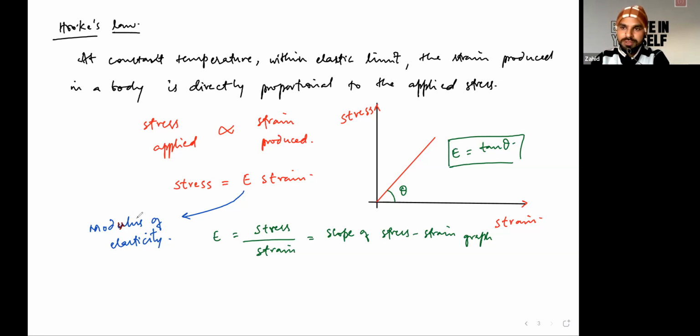First is temperature and second is nature of material. Next, it will be independent of dimension of body. It means if we change length, width, radius, or any physical dimension, there will be no impact on elasticity of that particular object.